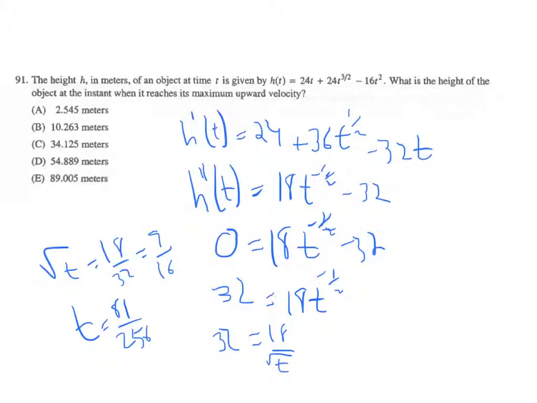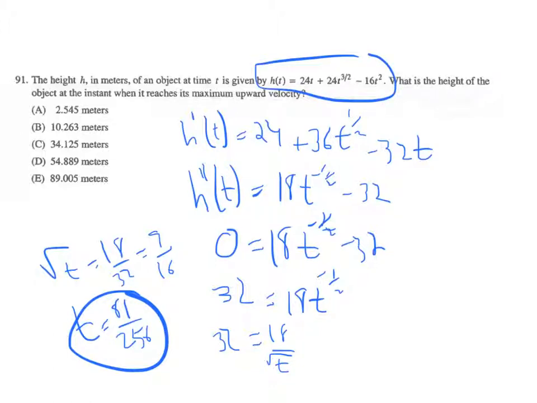So we have to take this t, which is 81 over 256, and plug that into our initial height function. If we plug it into this original function, we get 10.263, which is B. So h of 81 over 256 gives us that answer. And 91 is B, so there we go.